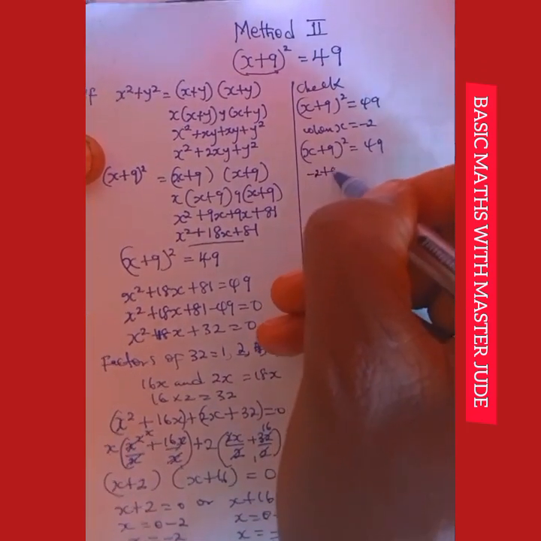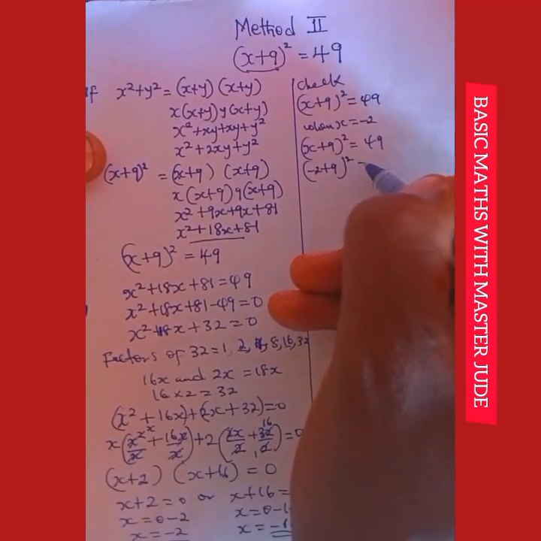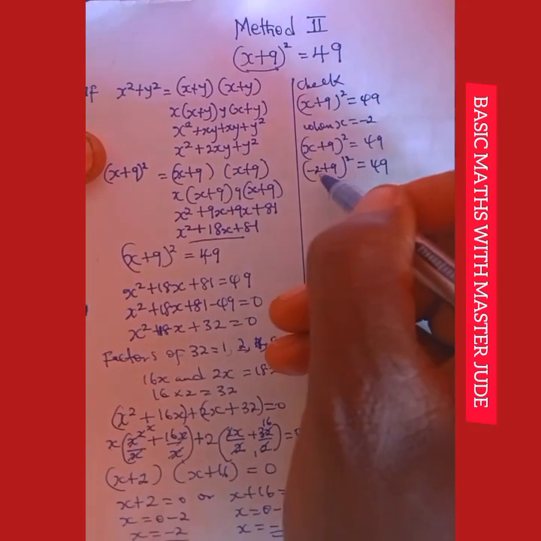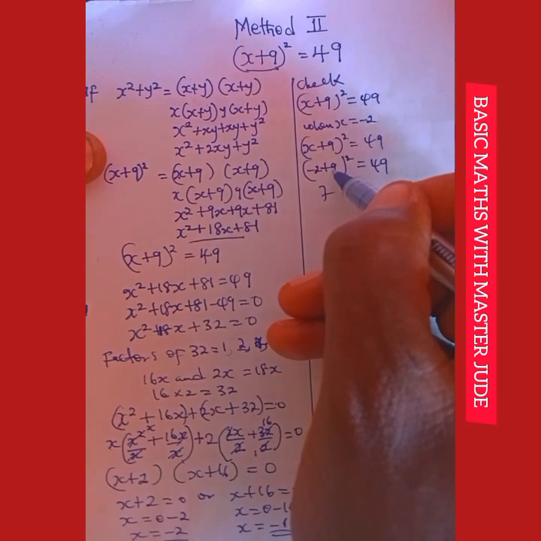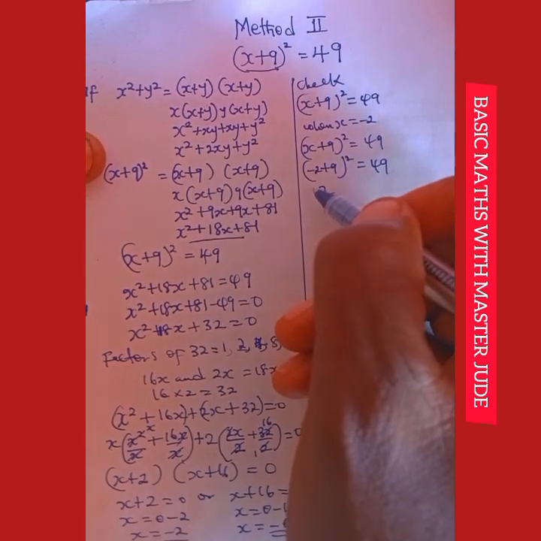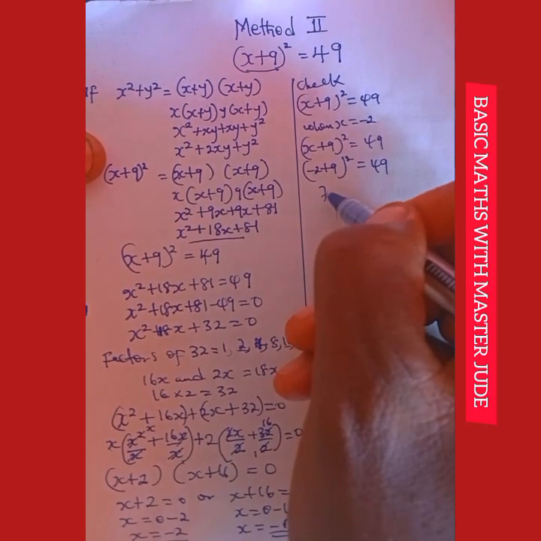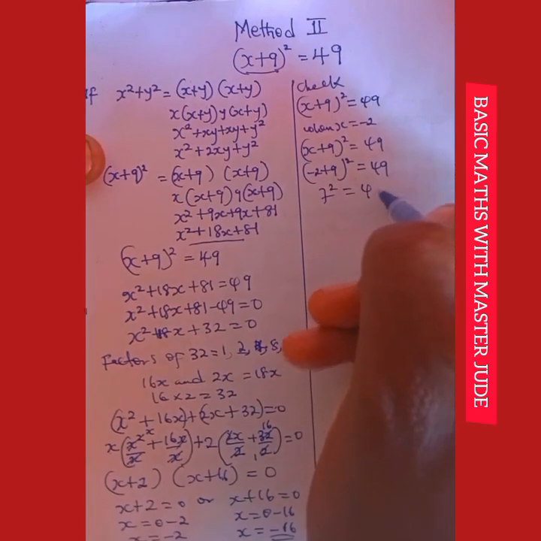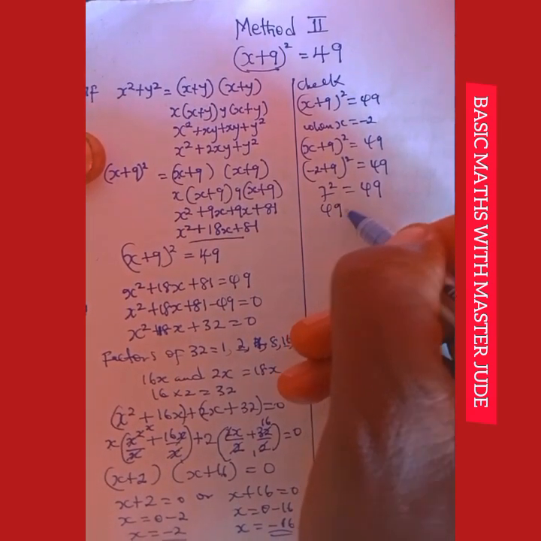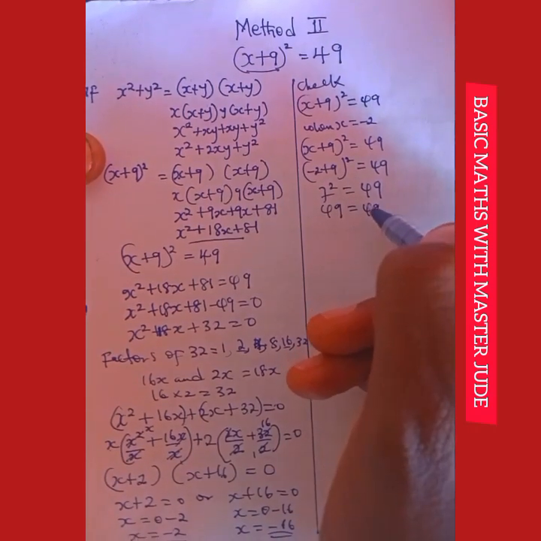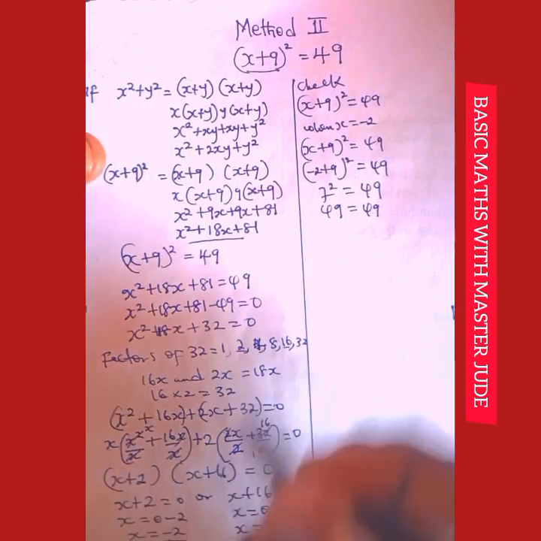So I have (-2 + 9)² = 49. Minus 2 plus 9 gives me 7, because I have 9 and I'm owing someone 2. If I give the person 2 out of mine, I'm left with 7. So this is 7² = 49. 7 squared gives me 7 multiplied by 7, which is 49 over 49. So minus 2 is correct.